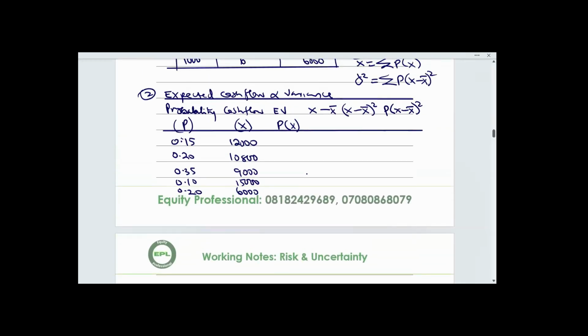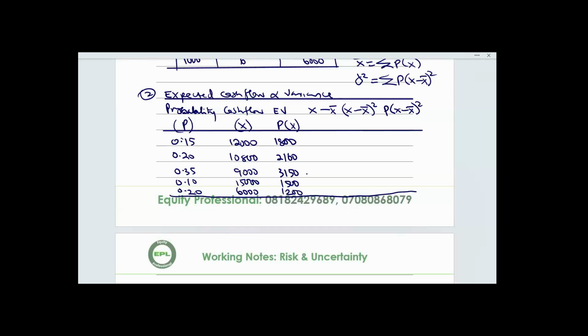So to get the expected value, you are supposed to multiply probability with the cash flow. What's 15% of 12,000? 1,800. Then this one will be 2,160. 0.35 of 9,000 will give us 3,150. Then here will be 1,500. Then the last one will be 1,200.